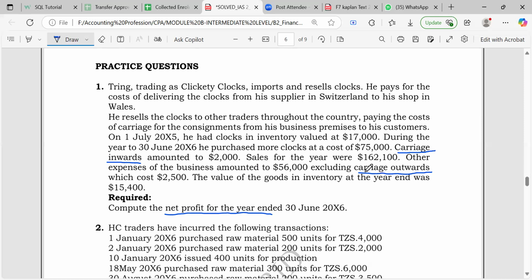If you carry the assets outwards, it means they are ready for sale, then you take them out. And as I told you, when the asset is ready for sale, you can no longer capitalize anything on them, right? So carriage outward is a normal operating expense, while carriage inward forms part of cost of inventory. You get that?